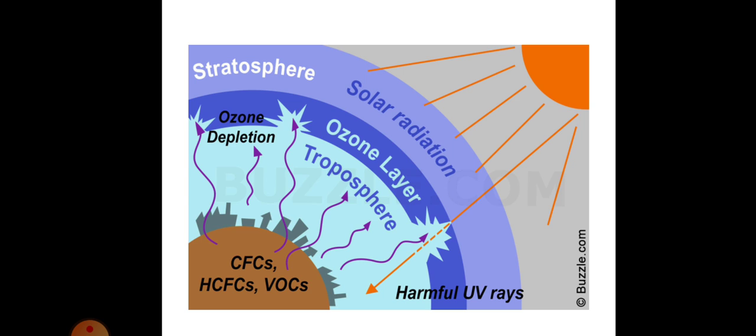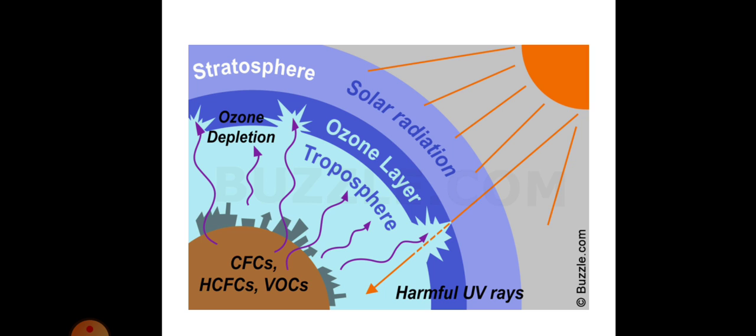It is mainly found in the lower portion of the stratosphere, as you see here in the figure. This layer was discovered in 1913 by the French physicists Charles Fabry and Henry Buisson.